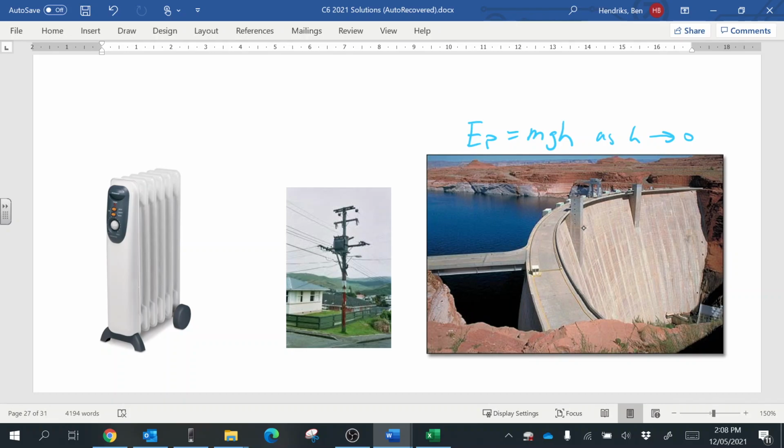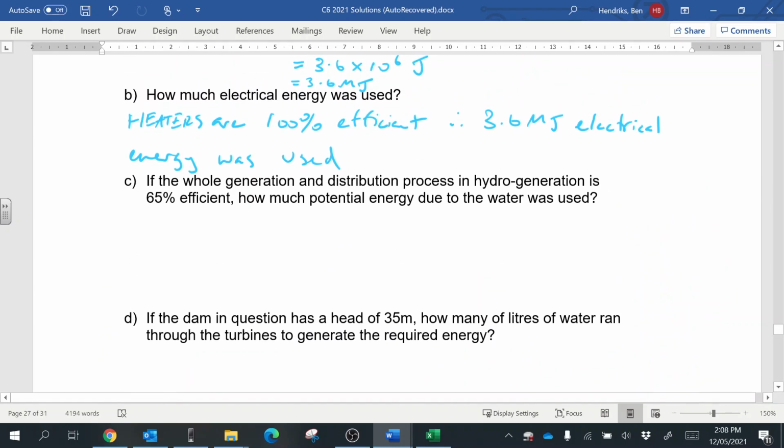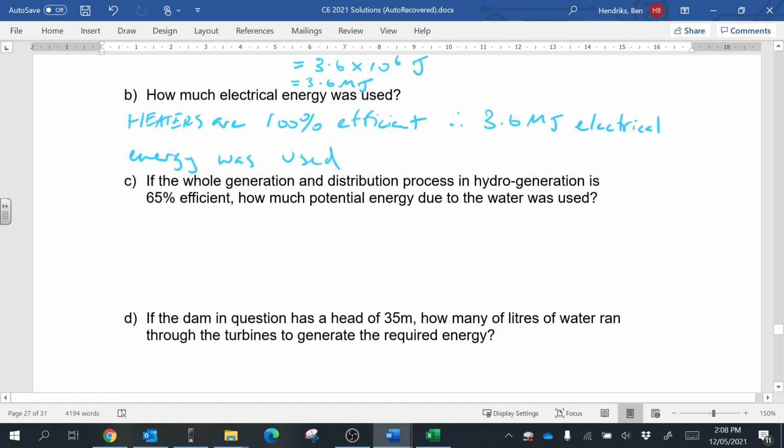So the kinetic energy spins the turbines, and then we convert that kinetic energy from the turbines to electrical energy. I encourage you to look up videos on YouTube to explain the hydroelectric generation process.